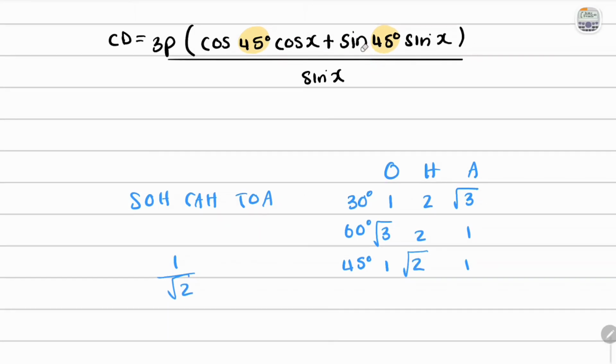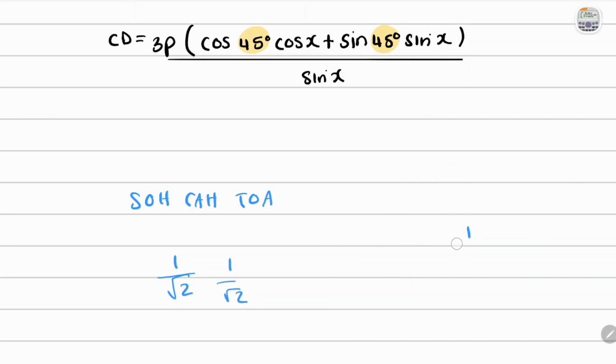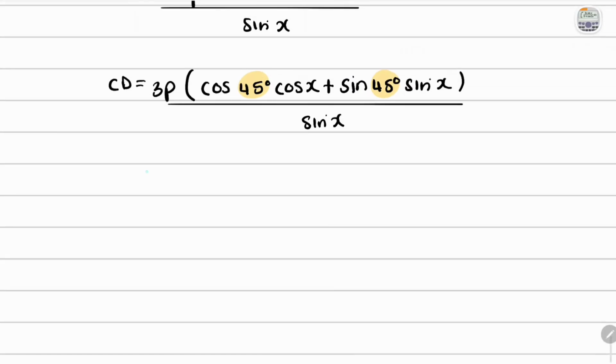And you also see that sine of 45 degrees will give you the same thing. That's SOH, sine is opposite over hypotenuse. So at 45 degrees, opposite is 1 again over hypotenuse square root 2. Okay, so you see that it is 1 over square root 2 that we would get for both of them. So this is how this expands.